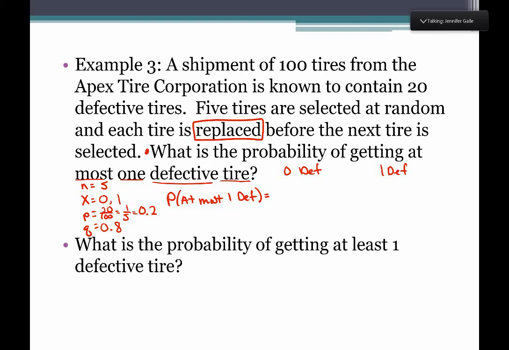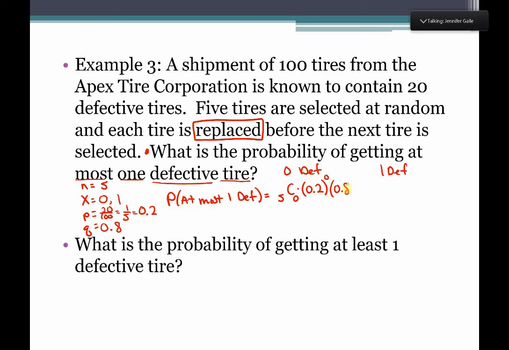We have 5 tires. I'm choosing 0 of them to be defective. The probability of being defective, which is considered a success, is our 20%. I don't want any of those. Probability we don't get a defective tire is our 80%, and I still need 5 of those.